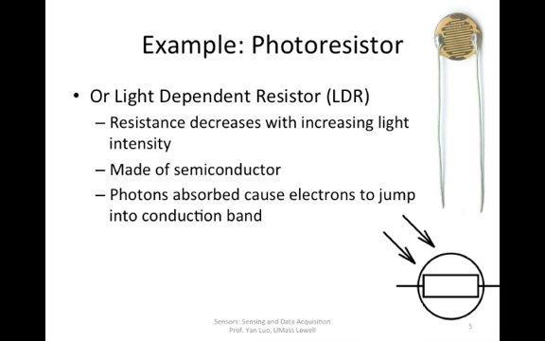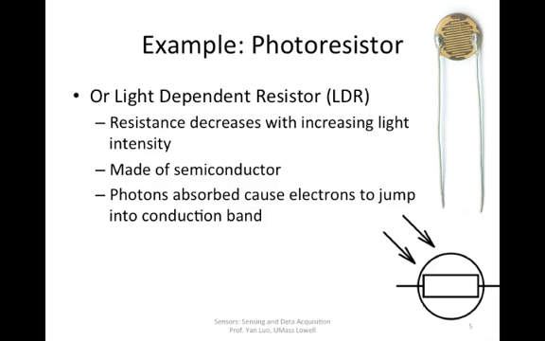It's made of semiconductors, and the way it works is because photons are absorbed by the resistor, which causes electrons to jump into the conduction band. When electrons move through the conduction band, we have more electrons, so you have smaller resistance.